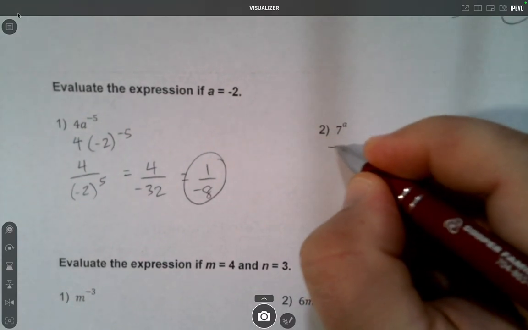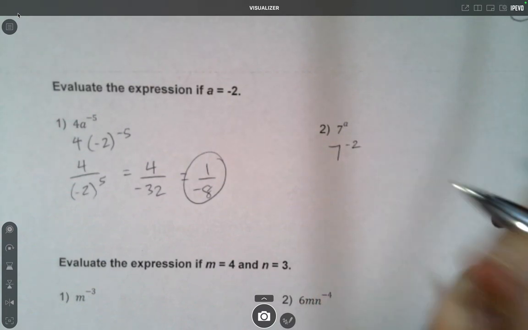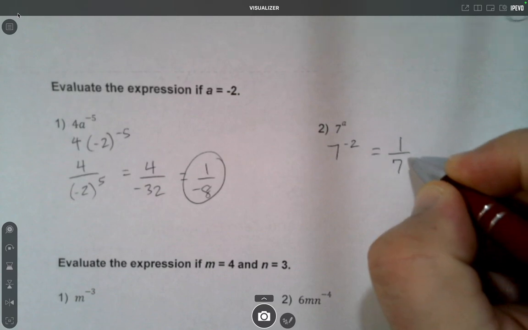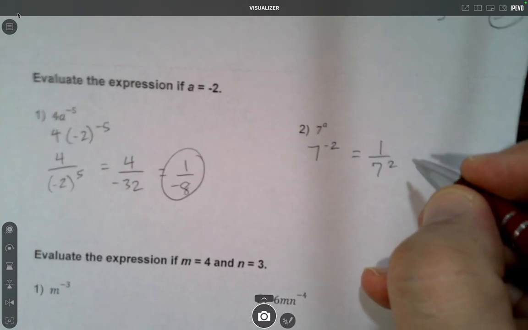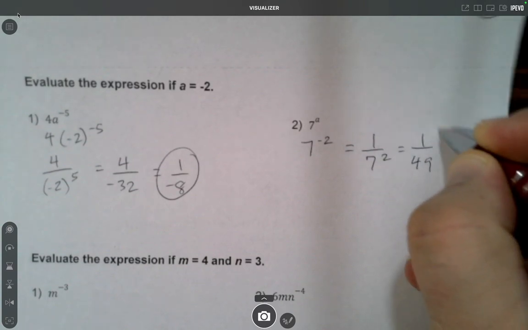Okay, on this one is 7, and we replace a with negative 2. 7 to the negative second power. We know we can rewrite that as 1 over 7 squared. And 7 squared means 7 times 7, and 7 times 7 is 49.